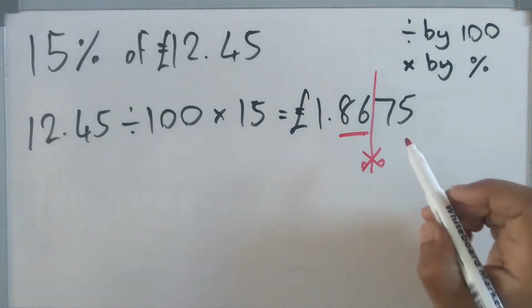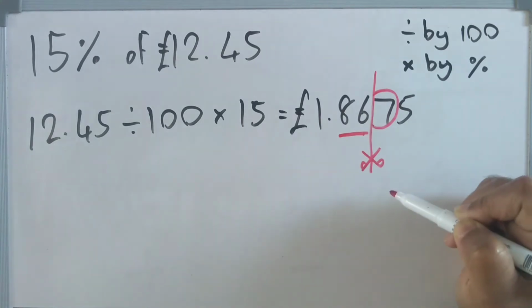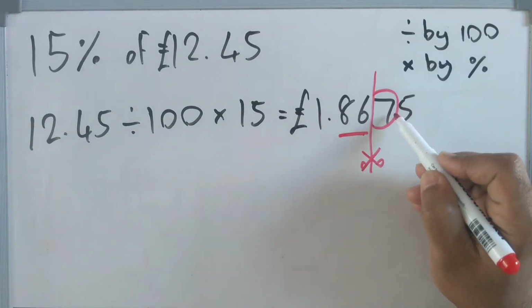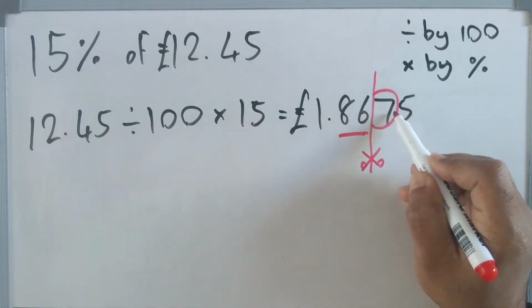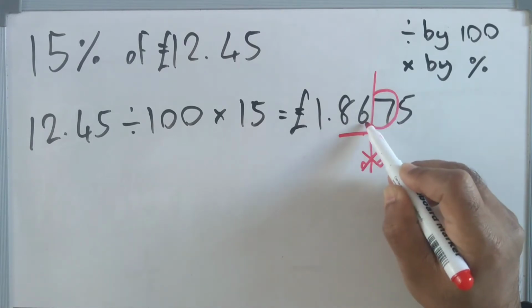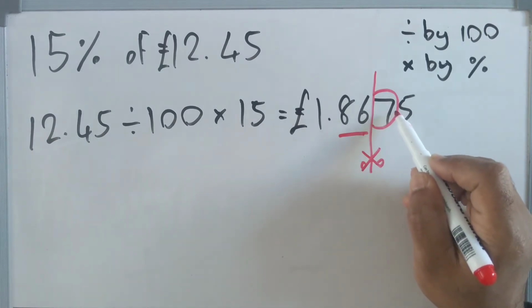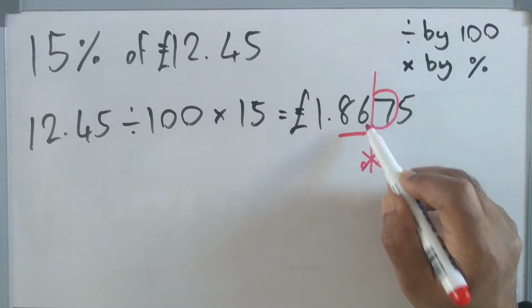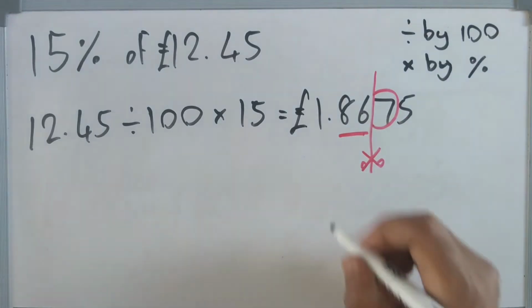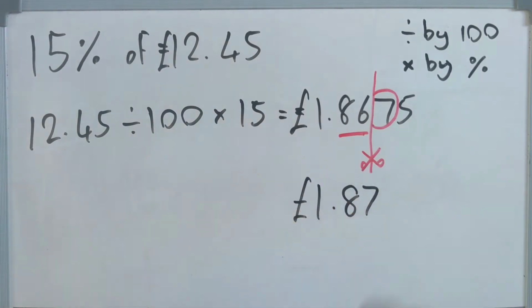The digit after the cut-off point is the decider, and the rule is if the decider is 5 or more, that last digit goes up. If the decider is less than 5, that digit stays the same. In this case, because the decider is 7, which is more than 5, that last digit will go up from 6 to 7. So our answer will be £1.87.